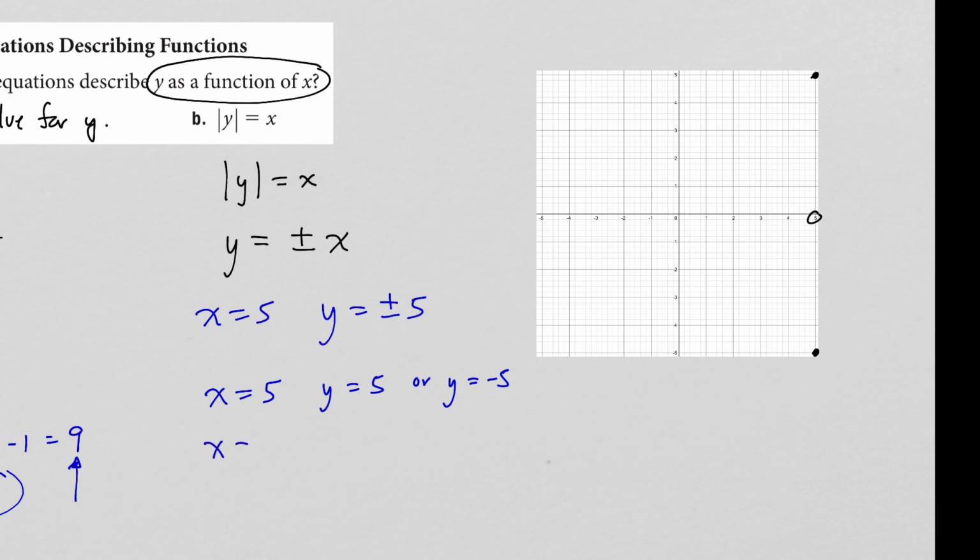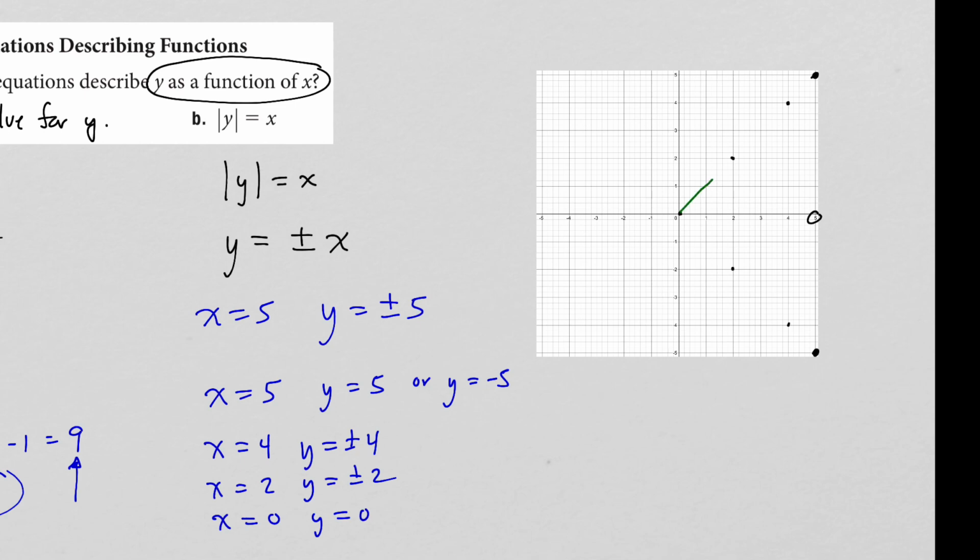If you had picked x equals 4, y would be plus or minus 4. If x was 2, y would be plus or minus 2. And finally, if x was 0, y would be 0, right? So if I plot all these points, we have (4, 4), we have (4, -4), we have (2, 2), and (2, -2), and we have (0, 0).